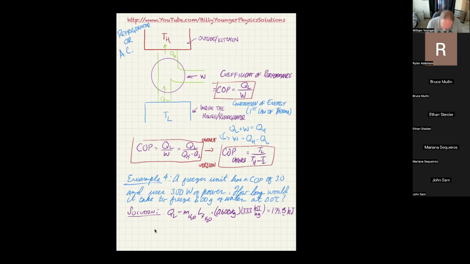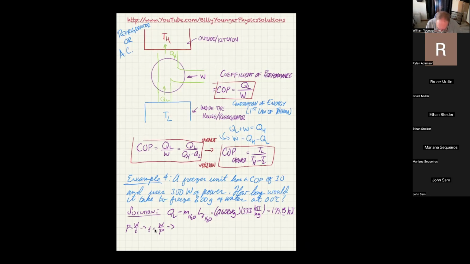So what we know is power is equal to work divided by time. So time is equal to work divided by power. So I have to figure out a relationship between work and this power to figure out how much energy I can get out. So it's using 300 watts of power.